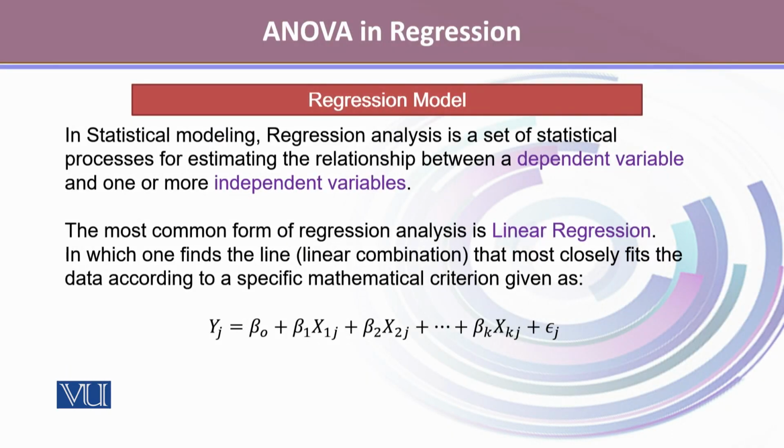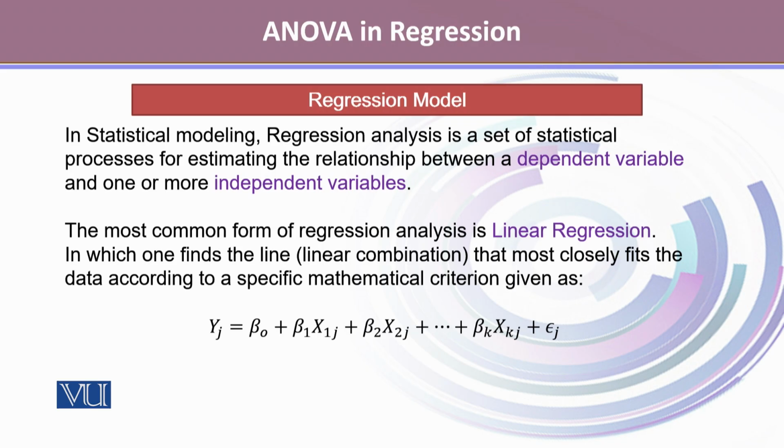So the most common form of regression analysis is linear regression, in which one finds the line, also known as the linear combination, that most closely fits the data according to a specific mathematical criterion, given as yj = beta naught + beta 1 x1j up to beta k xkj + ej.